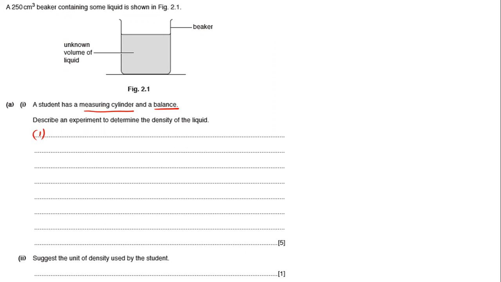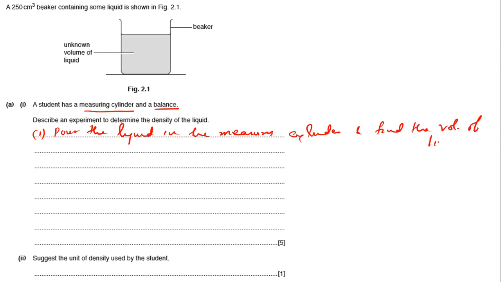First you can pour the liquid into the measuring cylinder and take the reading of the volume. Yes, pour the liquid in the measuring cylinder and find the volume of the liquid.